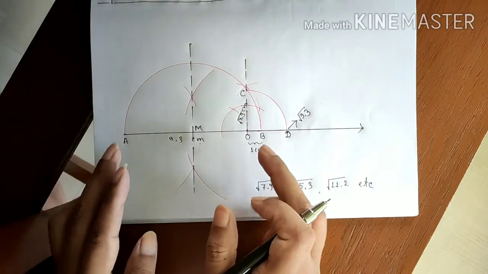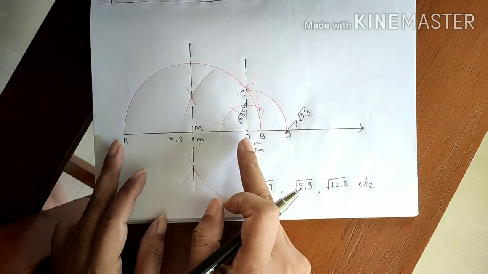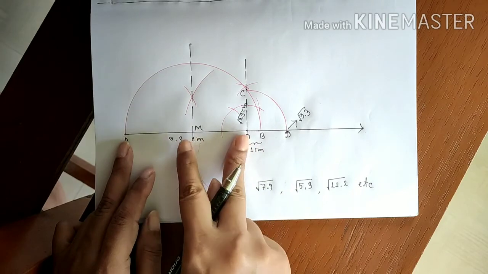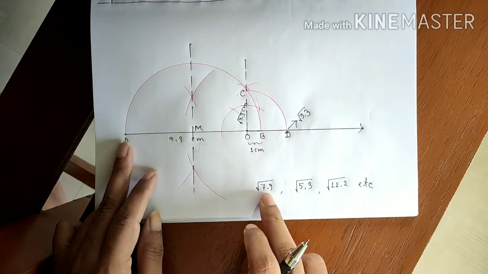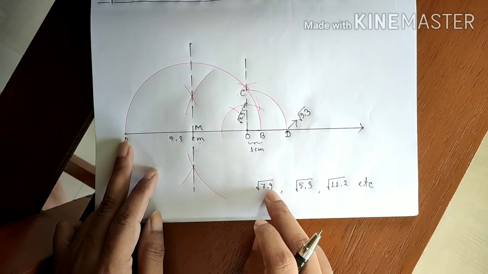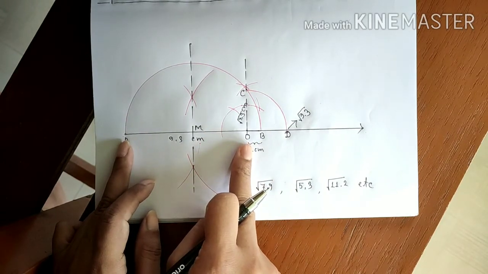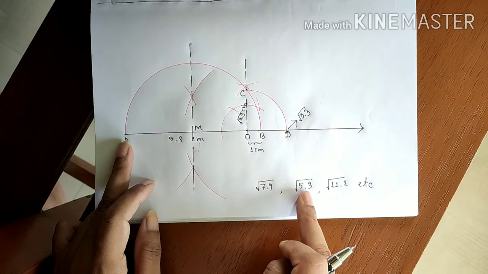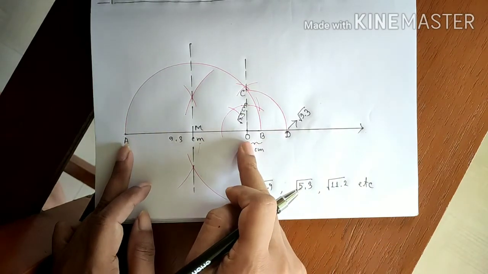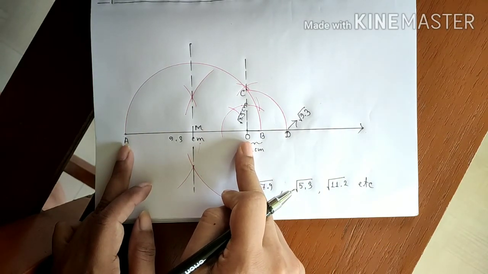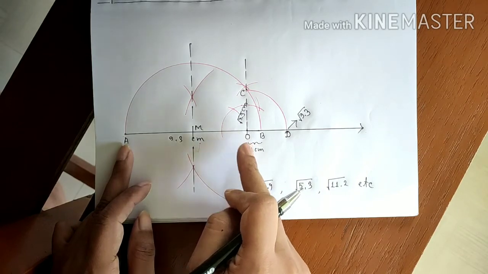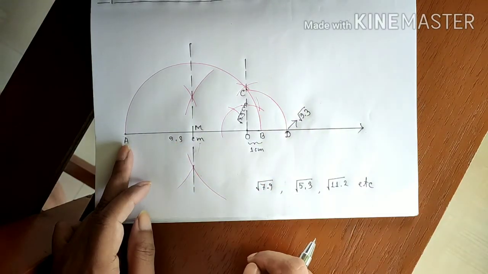But first, you draw the line segment AO. If you want to represent 7.9, you have to draw AO of 7.9 centimeter. If you want to represent square root 5.3, then you have to draw AO of length 5.3 centimeter. After that, all other steps will be the same.